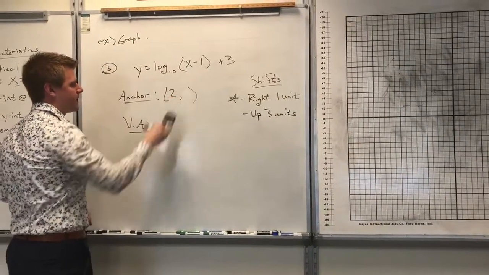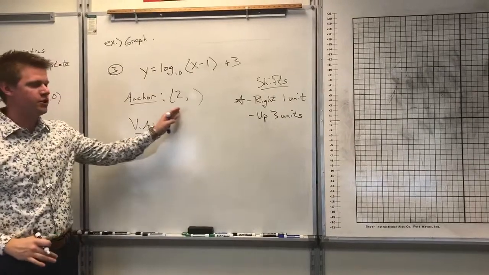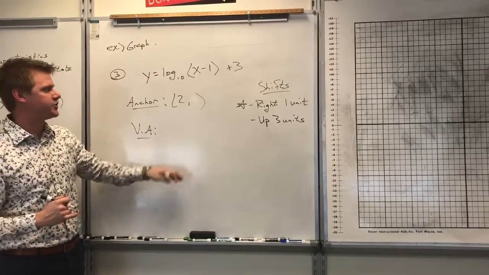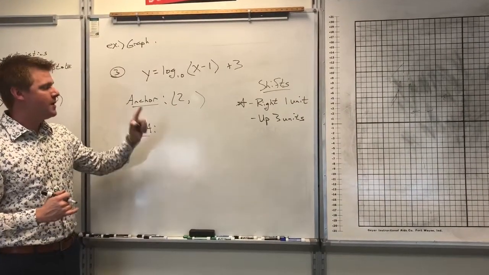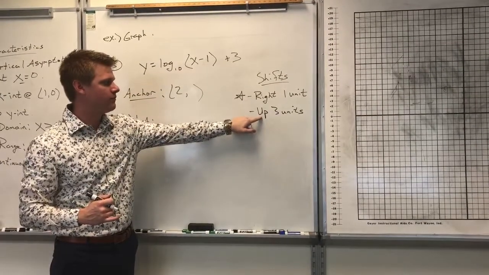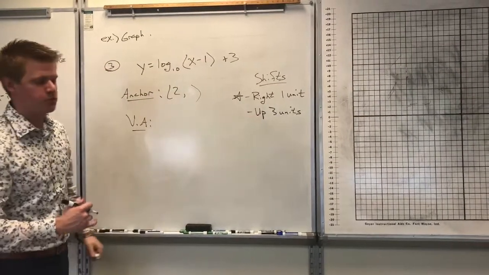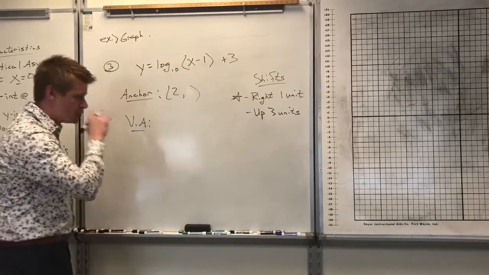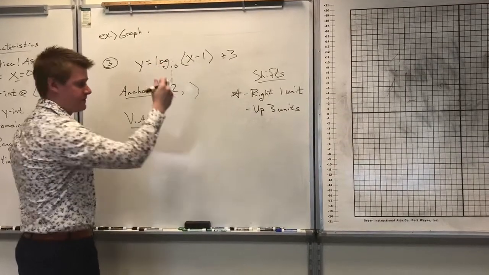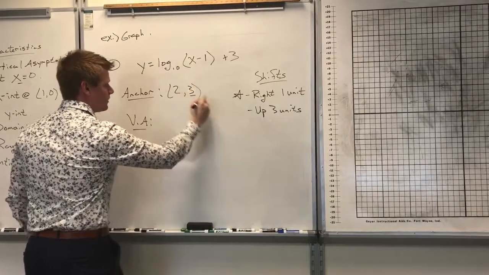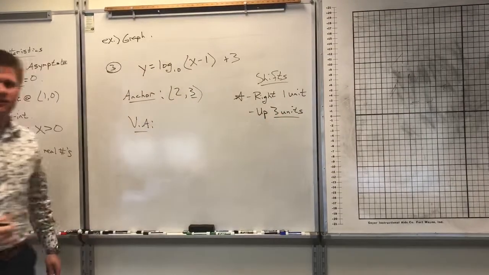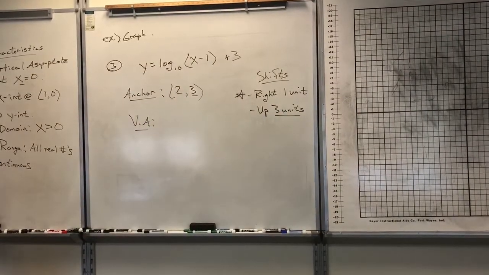The 2 is correct. So I had to shift 1 unit horizontally. Hopefully you can catch the mistake I just made though. Because I'm also involving a vertical shift, that is going to change my y value. So instead of 2, 0, it's actually going to shift to 2, 3. Because I have to also take into account the vertical shift that we made.